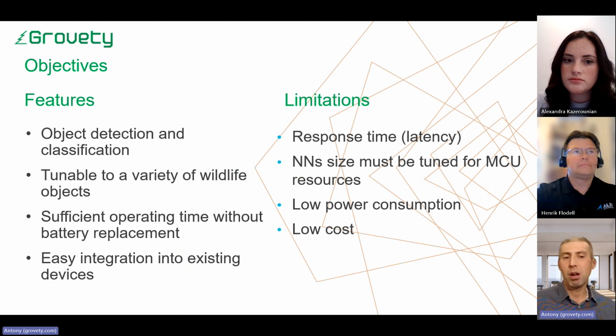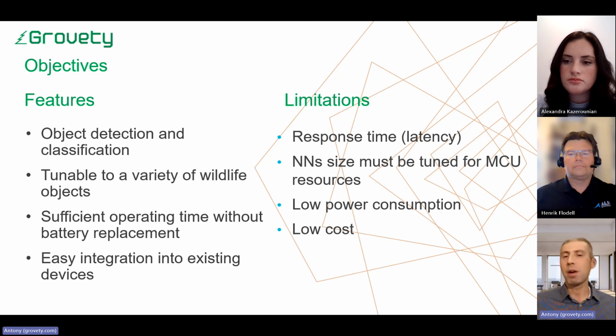It should be tunable, the operating time should be very good, and it should be easily integrated into existing solutions and connected with camera traps. And sometimes camera traps are even assisted by main cameras with professional optics, so it's a system which should be interconnected, and our AI model should be integrated in a very easy way.